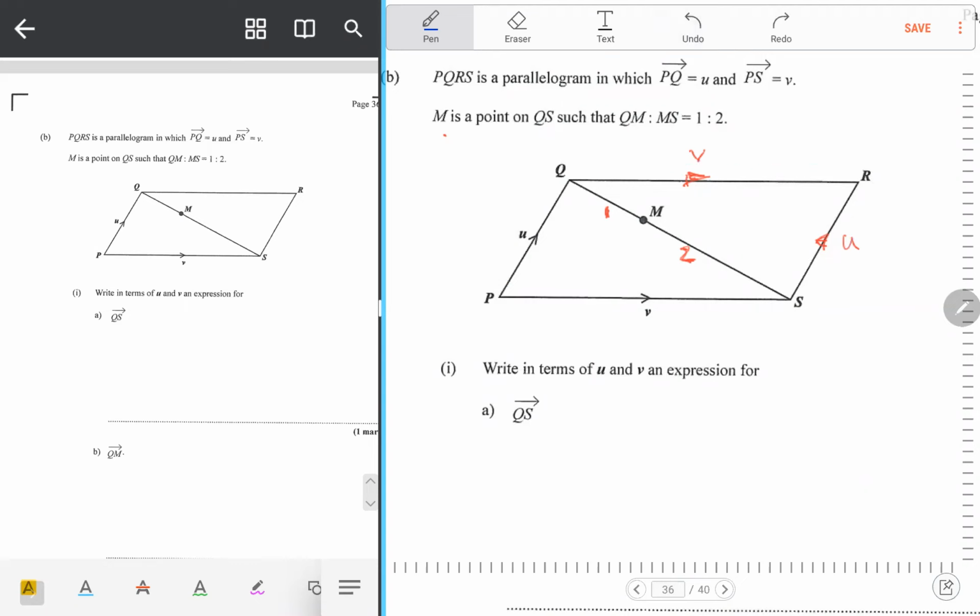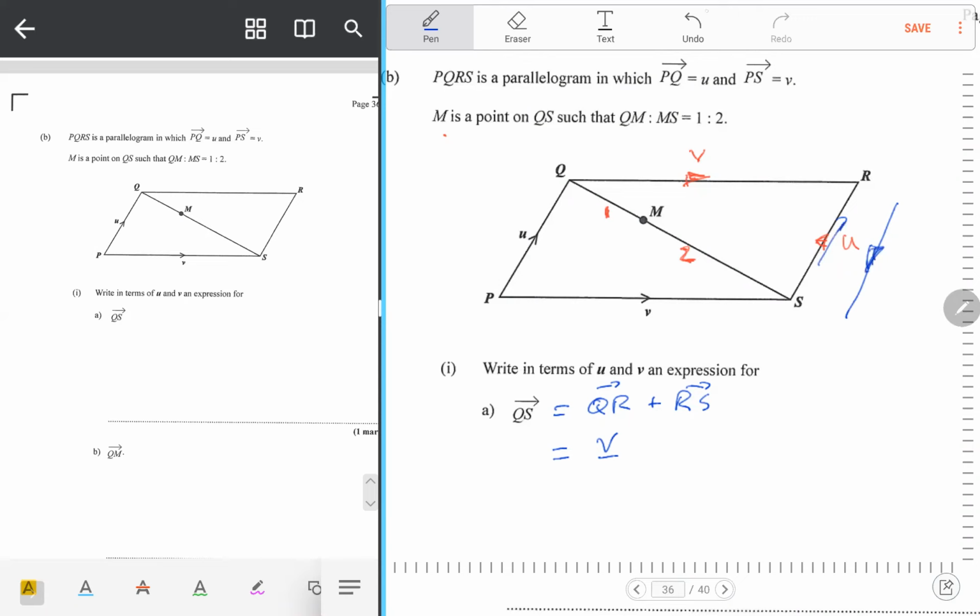And so it will be equal to QR and then RS. The QR is clearly V, and the RS is in this direction, opposite to the U. The U is going up, but the RS is going down.